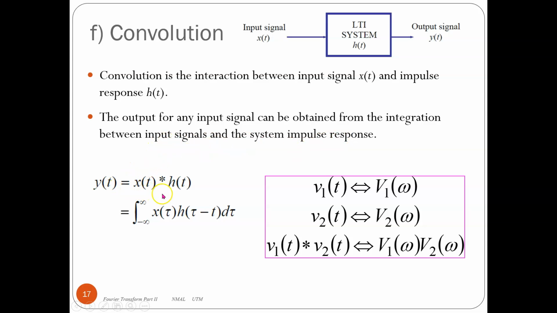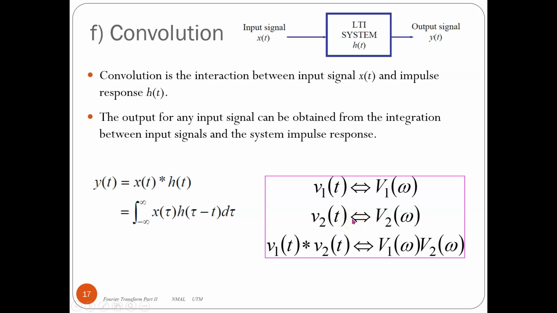This is the integral from negative infinity to infinity of x(tau) h(t minus tau) d tau. I hope you already understand convolution in the time domain.